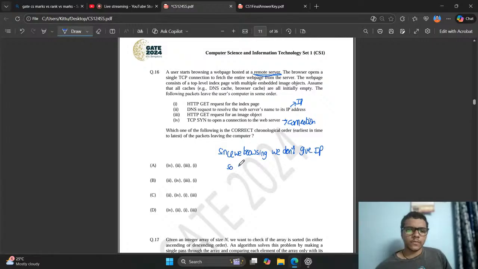So DNS, then connection, then index, images. That's why images won't load.